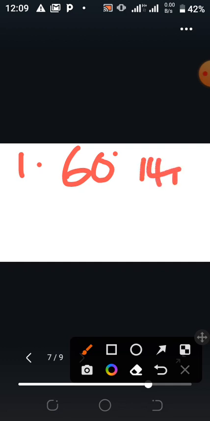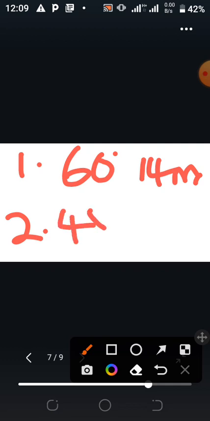Find the area of the sector of a circle with angle 60 degrees and radius 14 meters. Number 2, the one of 45 degrees and then 7 meters.